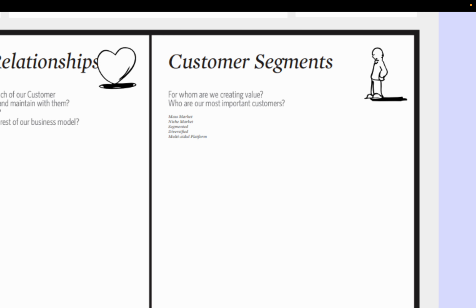So personally, like a person. Could it also be sold to the car companies themselves? It could be, yes. So your customer segments could be car companies. We could say people interested in maintaining their car. It's better not to say everyone with a car, because for me, I don't know how to do my car.